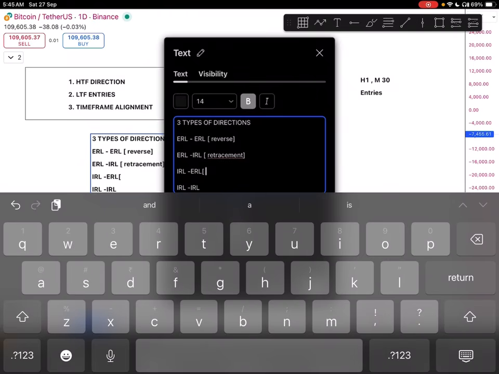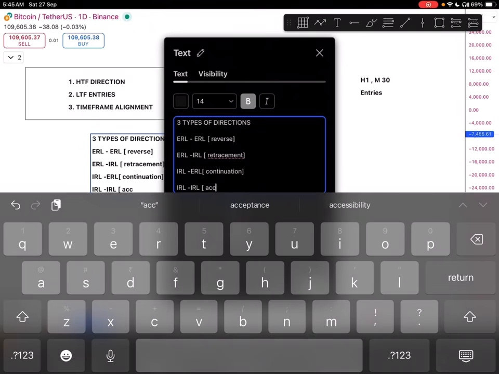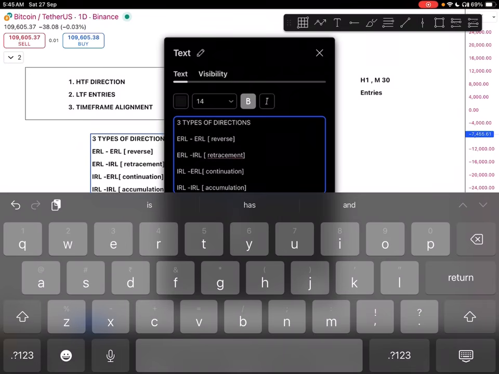Internal range to external range will give you a continuation move. And internal range to internal range will give you accumulation. So study this before starting into the direction.